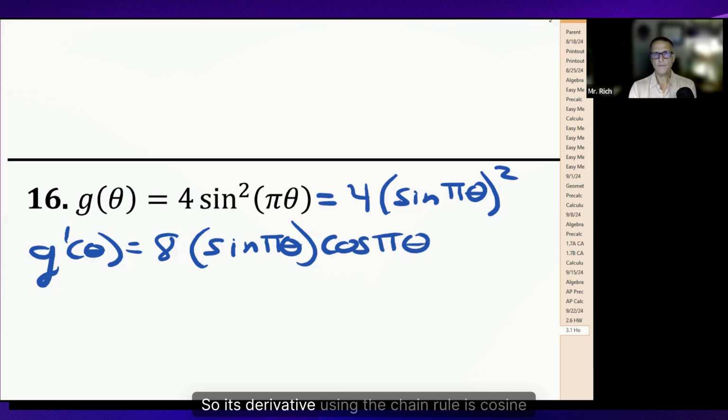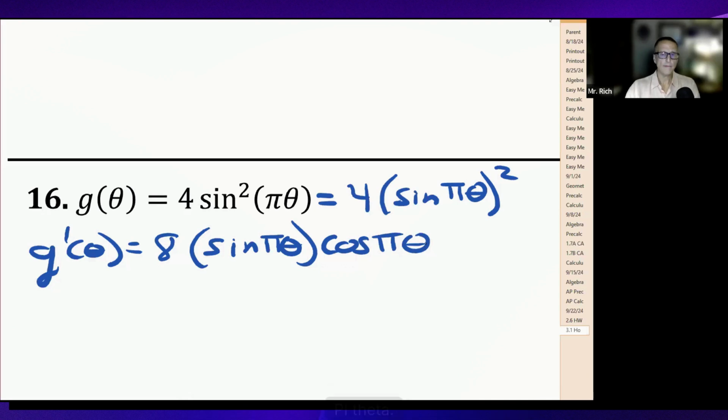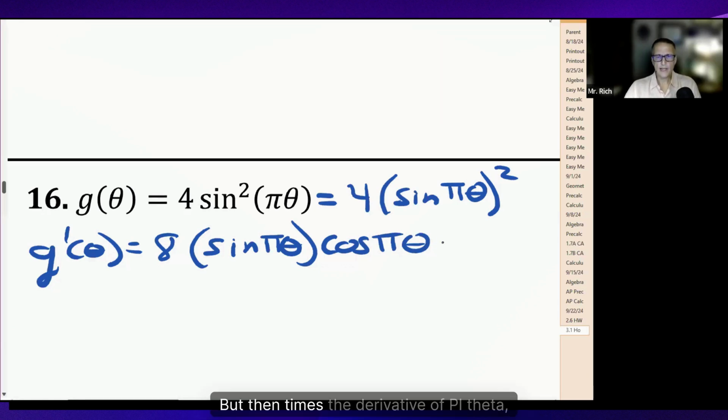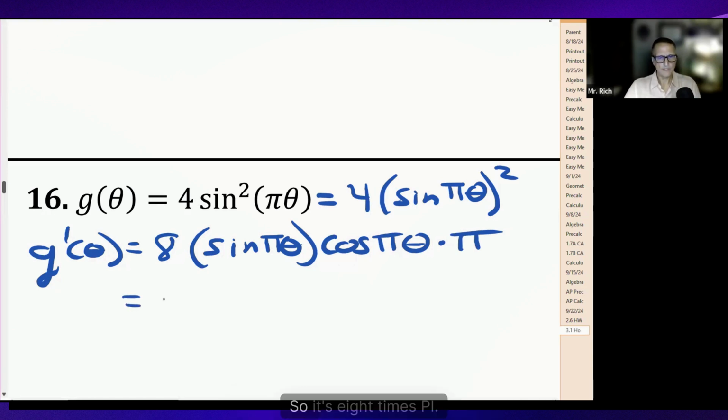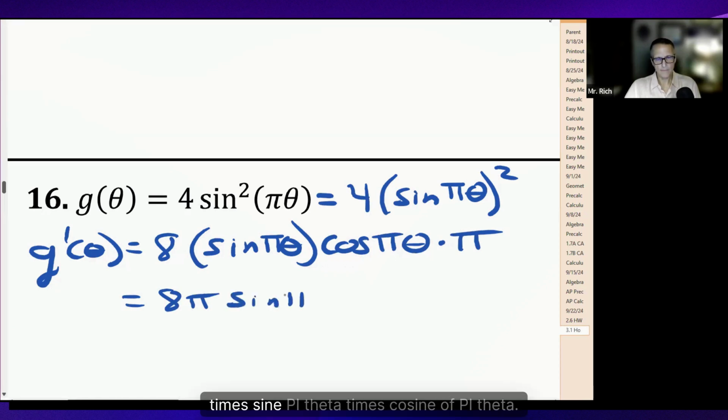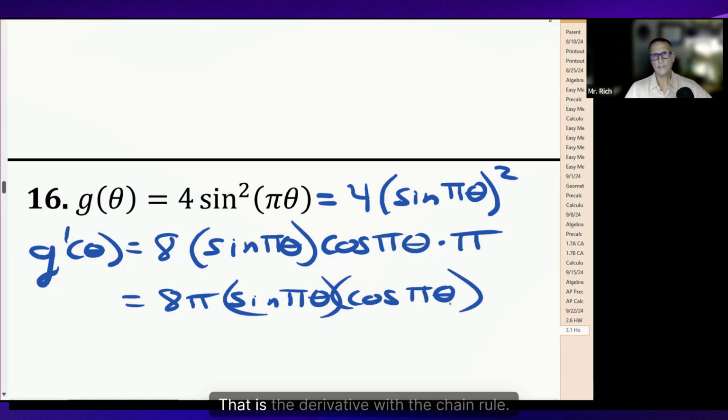So its derivative using the chain rule is cosine pi theta, but then times the derivative of pi theta, which would be just pi. That ends up being my derivative. So it's 8 times pi, bringing that pi to the front, times sine pi theta times cosine of pi theta. That is the derivative with the chain rule.